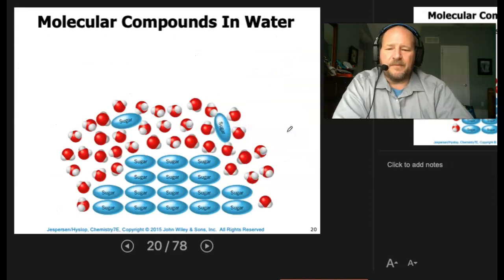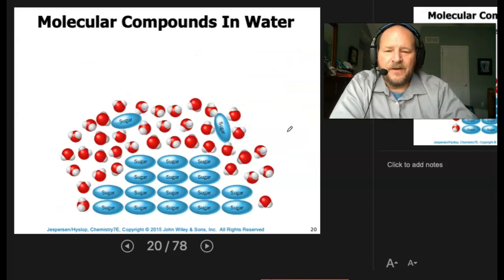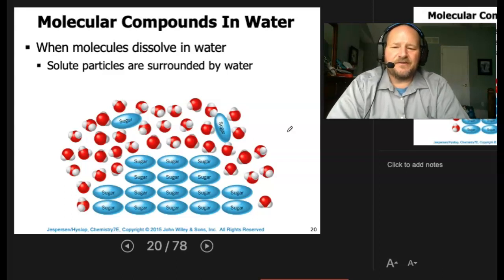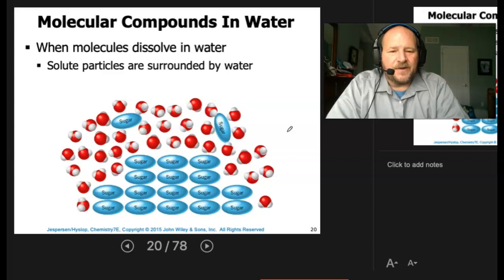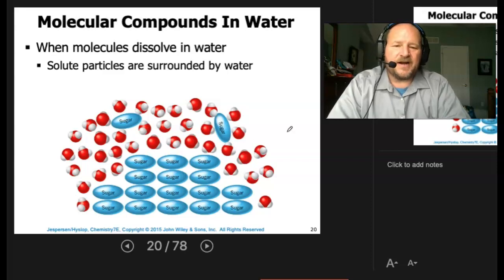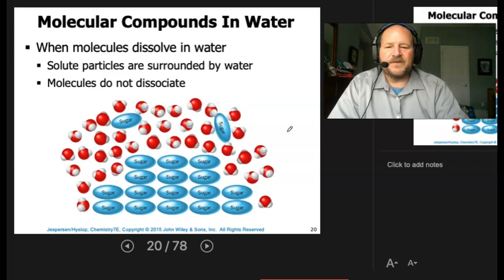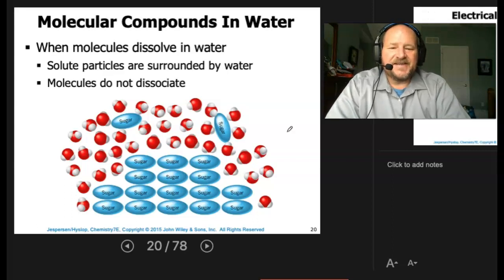Now for molecular compounds in water, something like sugar, we still get a dissolution going on, right? So when molecules dissolve in water, the solute particles are surrounded by the water. So the whole sugar molecule gets surrounded by water, not parts of it. So not an ionic piece of it. The whole molecule simply gets surrounded. The molecule itself does not dissociate.